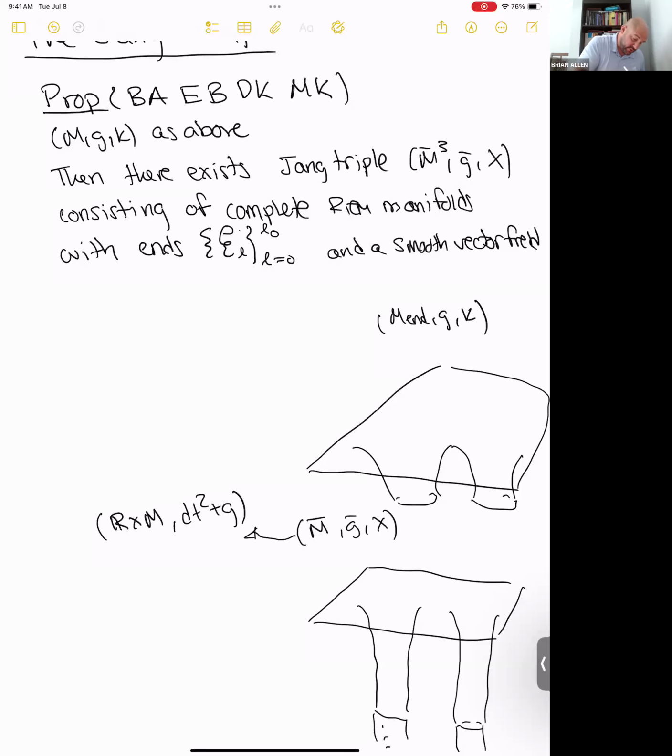And what we need to ensure of this Jang construction is that the second homology of this thing relative to the asymptotically cylindrical ends is 0.